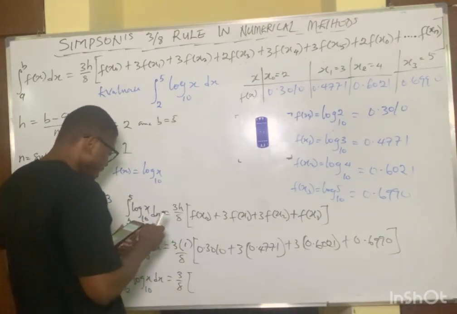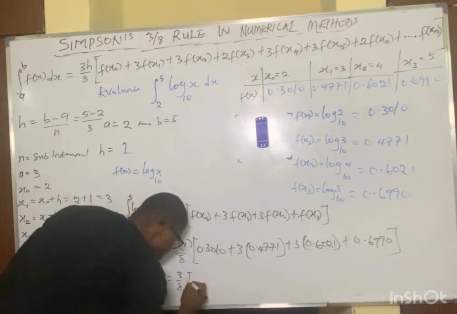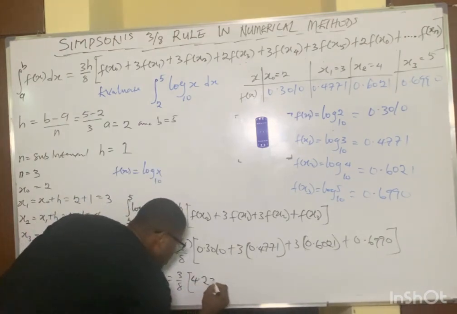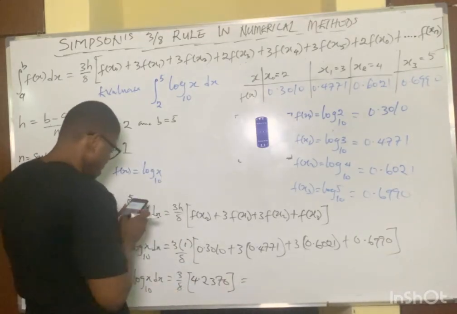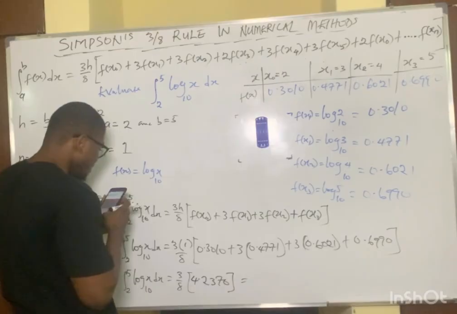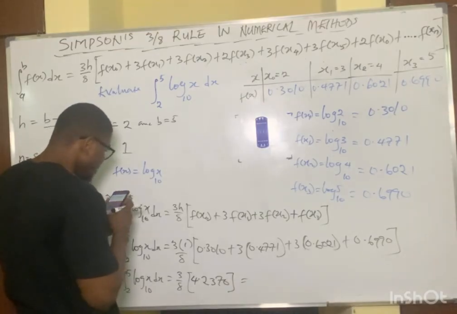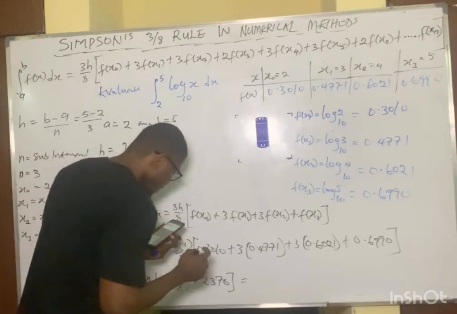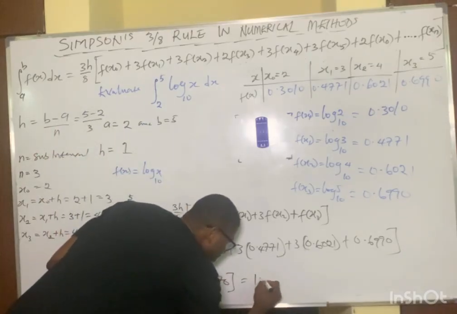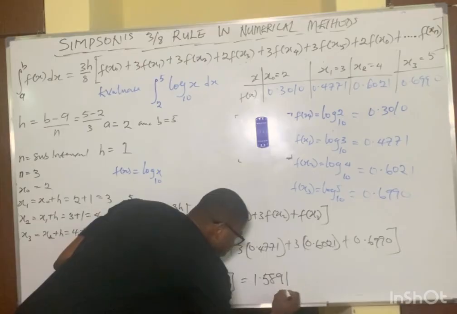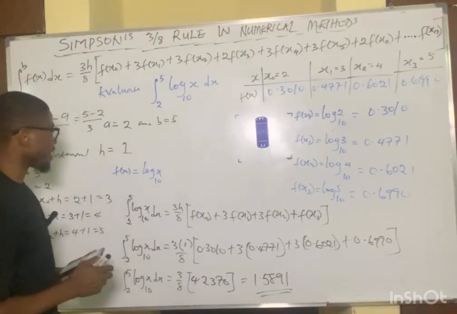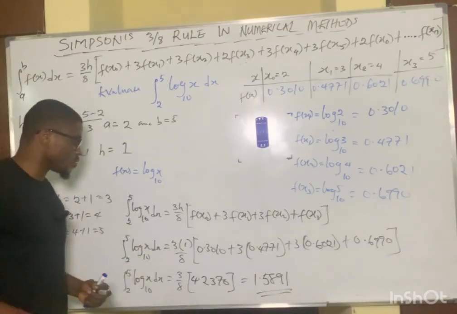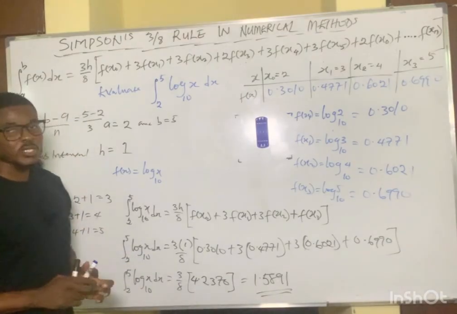So everything in the bracket gives us 4.2376, and if you multiply by 3 over 8, that is times 3 divided by 8, you have 1.5891, and this becomes the integral of log x to base 10 dx using Simpson's 3/8 rule.